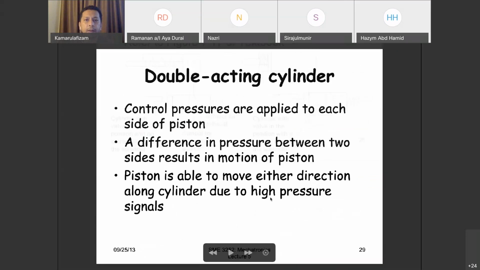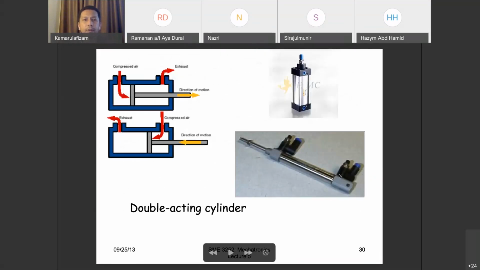Okay. Double acting has 2 ports, 1 in, 1 out. Single acting has 1 in, and the spring sends it back. If air or water or oil enters, it will induce movement in that direction. For single acting, if you remove the oil, water or air here, it will return because of the spring. For double acting, there is no spring. You can control both sides, using its two ports to control its motion, whether left to right. If we want it to go right, we put pressure on this side, and this side we bleed out. If we want it to go left, we pressurize this side and bleed the other side.